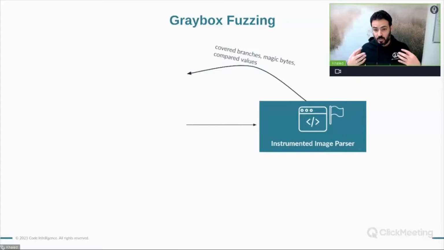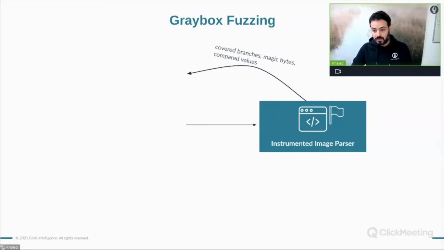So the fuzzer, with this feedback, can evaluate the quality of each input it generates, and iteratively it improves the input so that the code coverage is maximized. In this example, let's take the image parser.